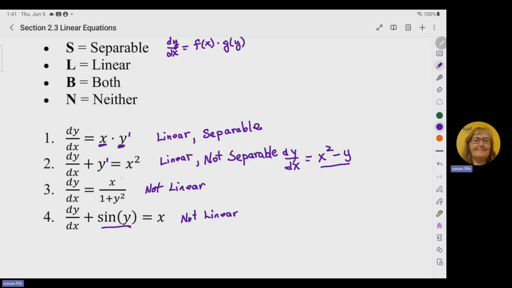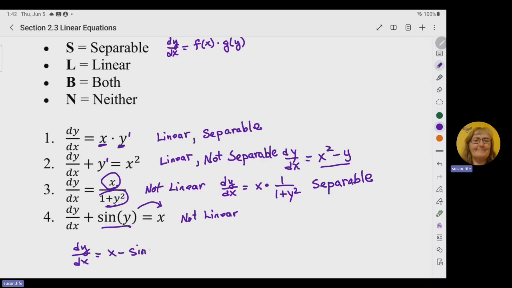Number 3, notice that you have a function of x in the numerator, you have a function of y in the denominator. So you could write that as your function of x times your function of y. This one is separable. And then the last one, if I bring that sine y over to the right side, I have my derivative equals x minus sine of y.